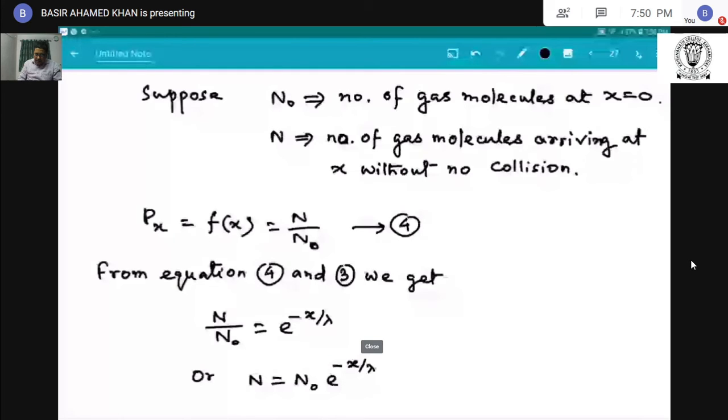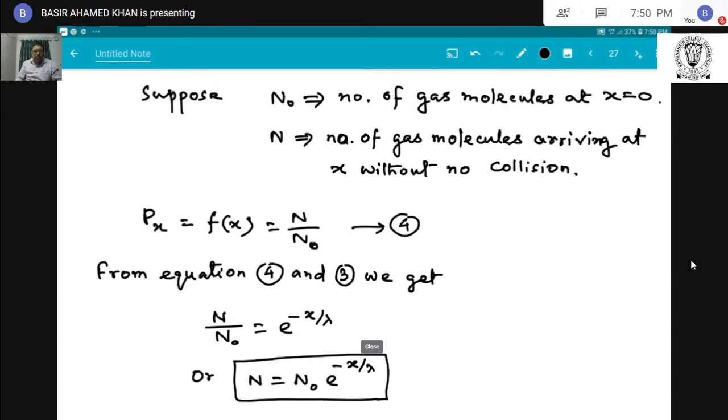This is also the form of survival equation for the molecules of a gas of mean free path lambda. This is the number of gas molecules traveling a distance x without collision, equal to n, which is equal to n0 e to the power minus x by lambda.